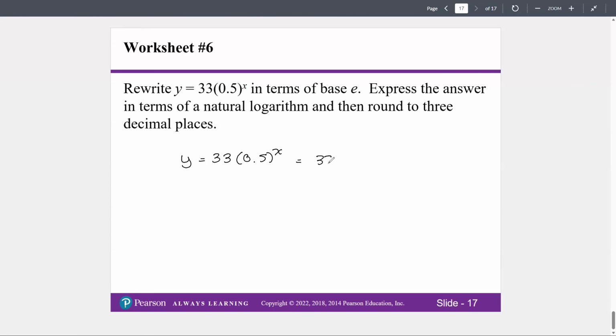We're going to just change that to 33 e to the natural log of 0.5 times x, which is going to be 33 e to the, so we just need a natural log of 0.5, which is going to be negative 0.693x. As you see, we had a decay rate because we got that 0.5, so we see that's going to change to that decay rate right there.